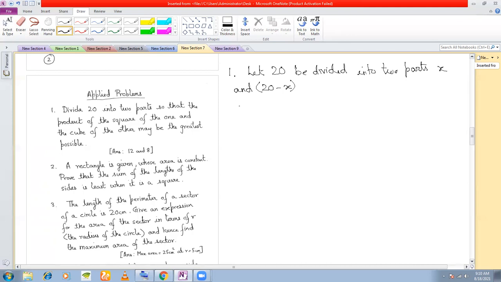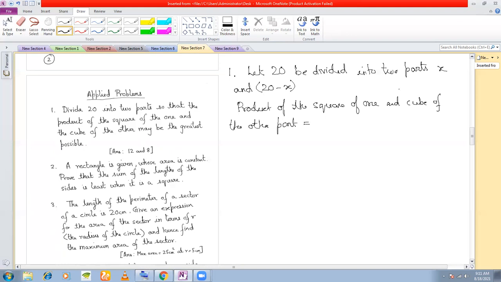So what is the product of the square of one and cube of the other part?